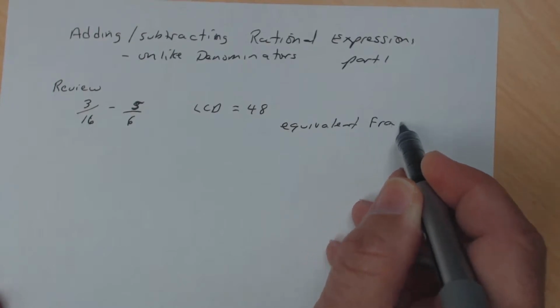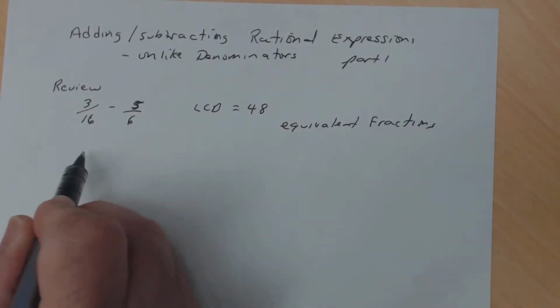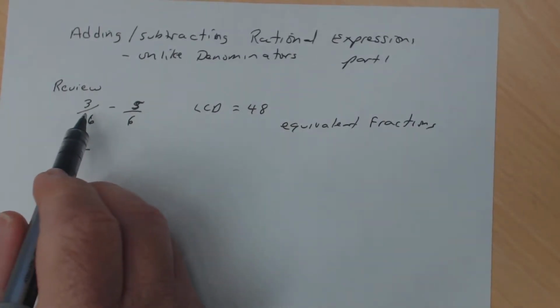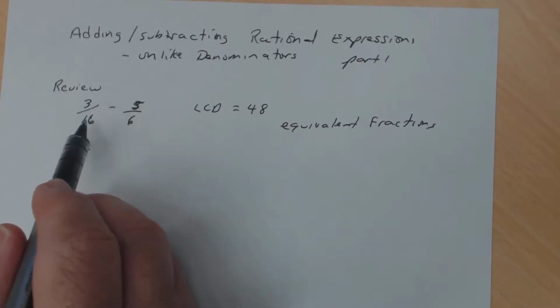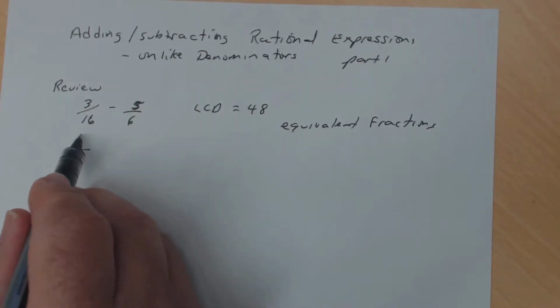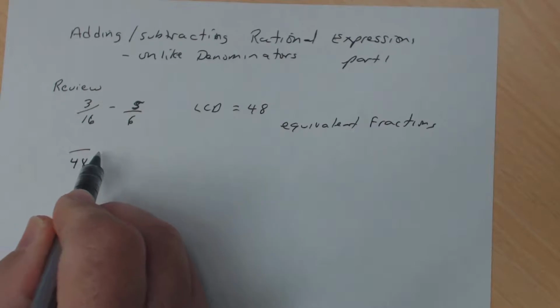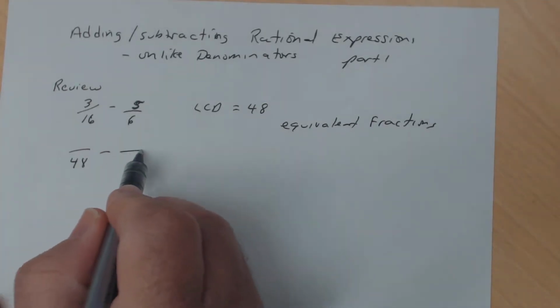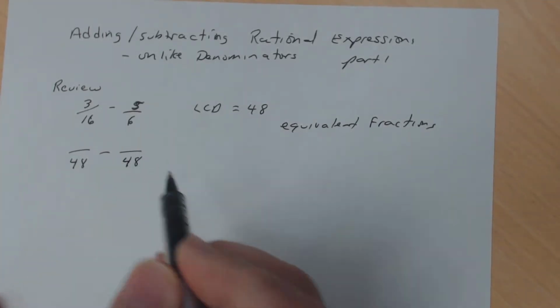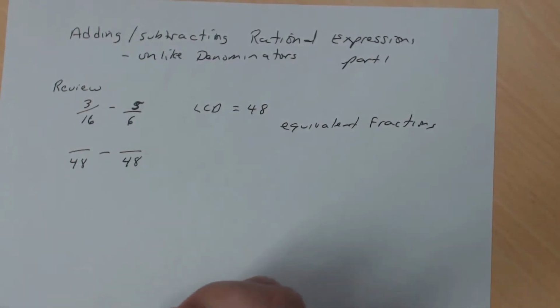You're going to determine 3/16 is equivalent to what numerator divided by 48, and 5/6 is equivalent to what numerator divided by 48.